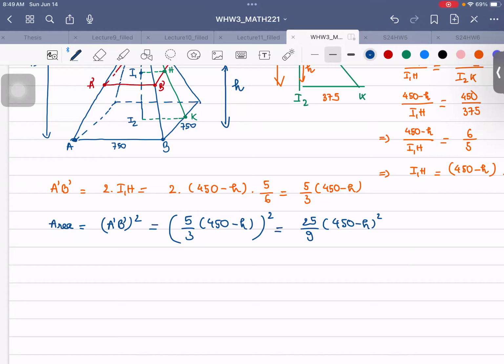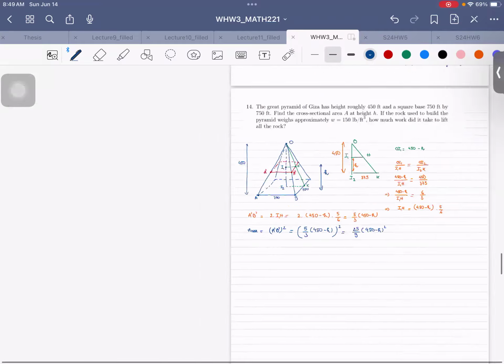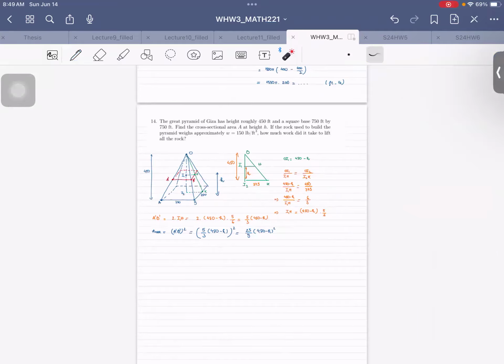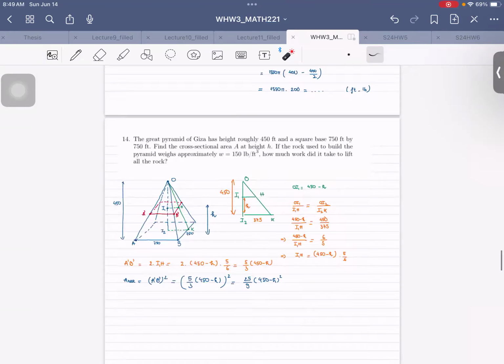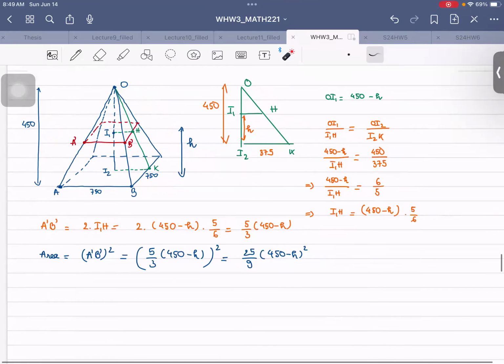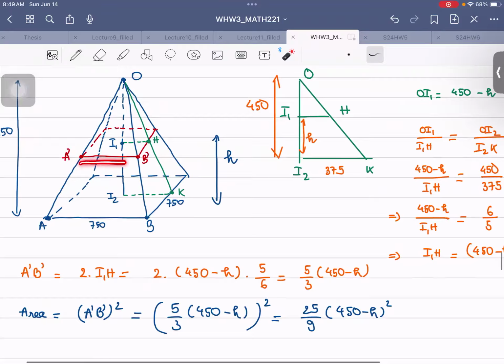Okay, so now let's compute the work that we need to lift all the rock, and then we can build the pyramid. Again, you have to use the ideas of discretization. You have a bunch of layers of rock.